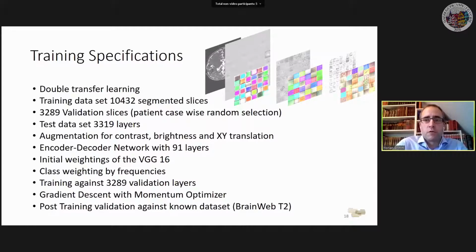And the data was additionally augmented for contrast, brightness, and XY translation. The accuracy was then estimated on a randomly selected other data set. Additionally, we performed testing against an openly available artificially created T2 dataset, the BrainWeb dataset. This has a known ground truth.